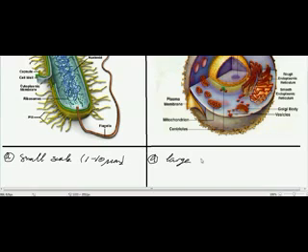Large scale, so approximately 10 to 100 micrometers.